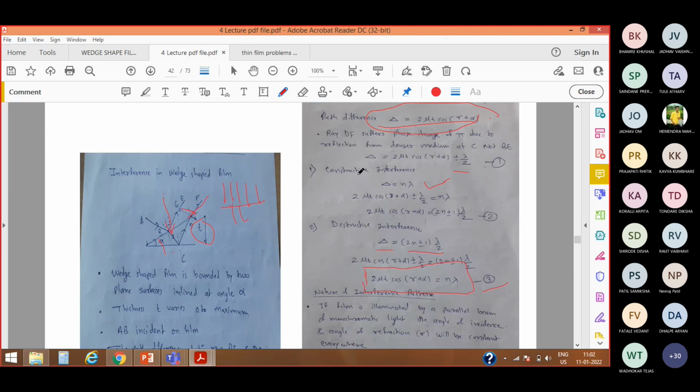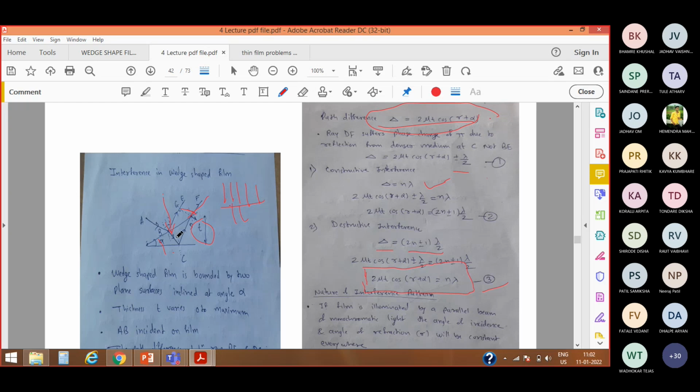Now the path difference is 2 mu t cos of (r plus alpha). In the case of thin films, the path difference is 2 mu t cos r only. But in the case of wedge-shaped thin films, the path difference is 2 mu t cos of (r plus alpha).